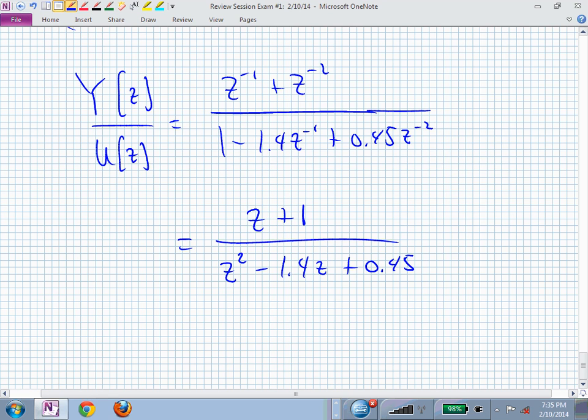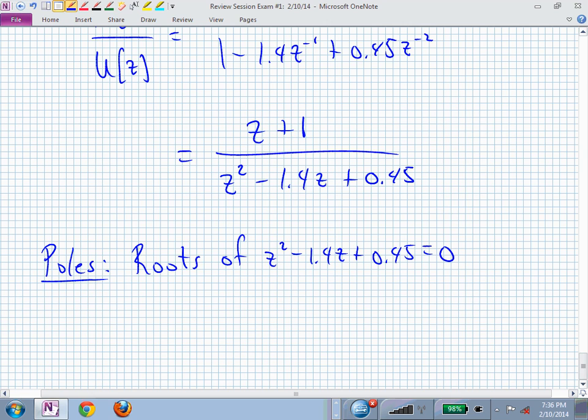Now it's in terms of z instead of lambda, but it's the same polynomial, I hope. So the poles are now the roots of that denominator, that factor's the same, and we're stable.